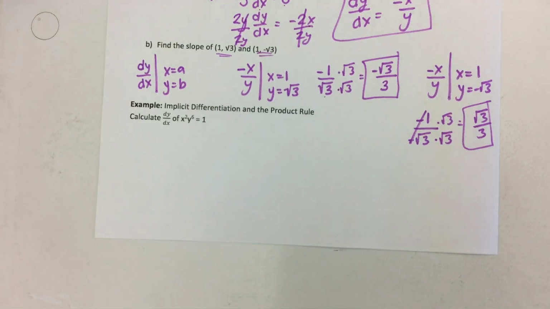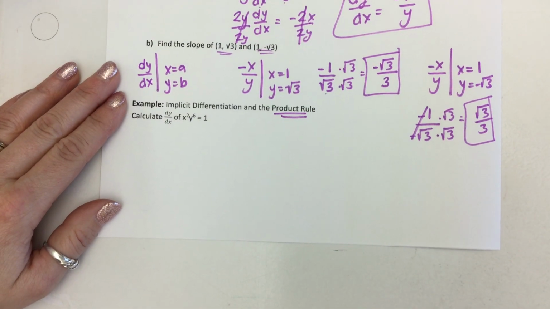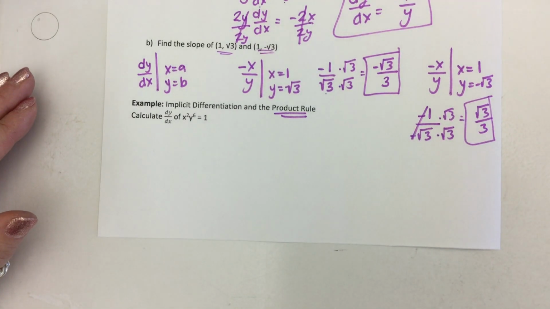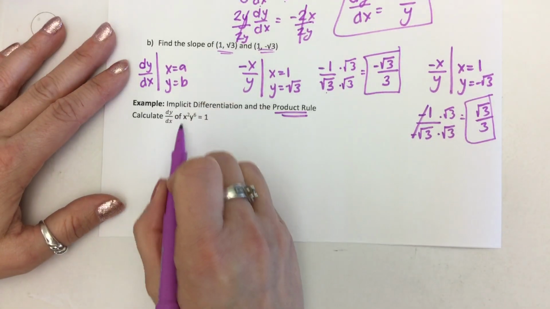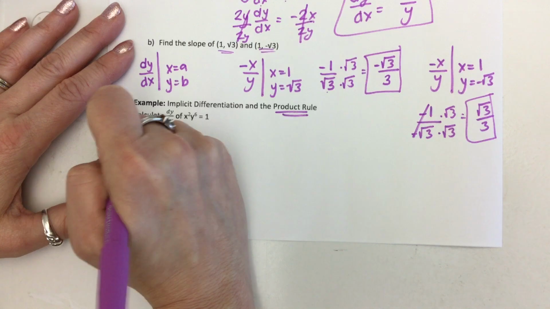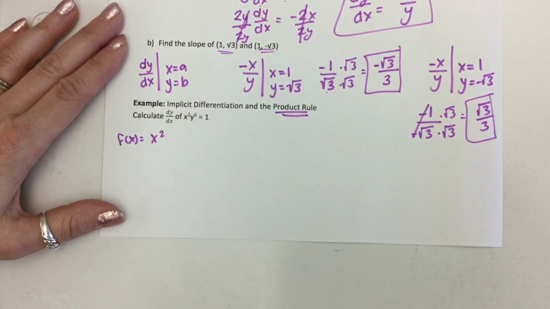You can do implicit differentiation with the product rule as well. It's the same thing. If you find the derivative of a y, you connect it to dy over dx. So this is the product rule because I am multiplying two things together. What am I multiplying together? The first thing, f of x, is x squared.